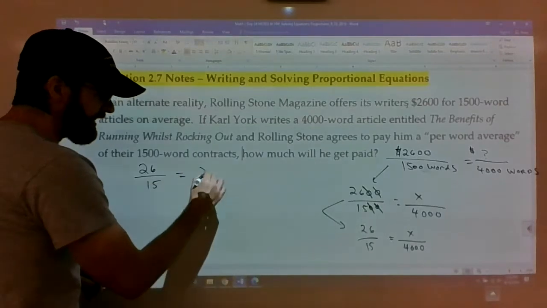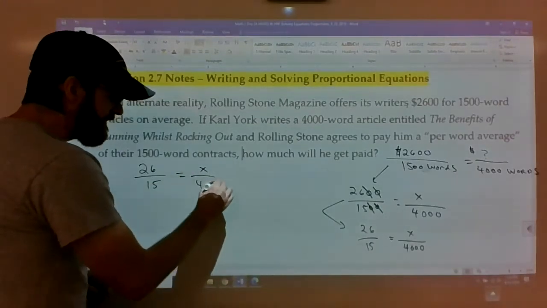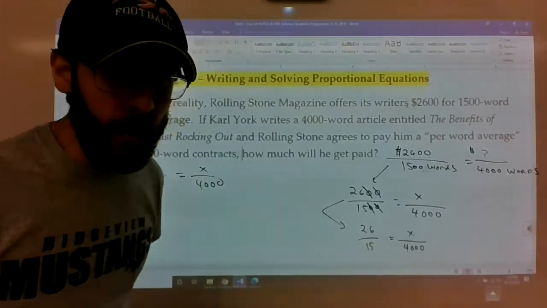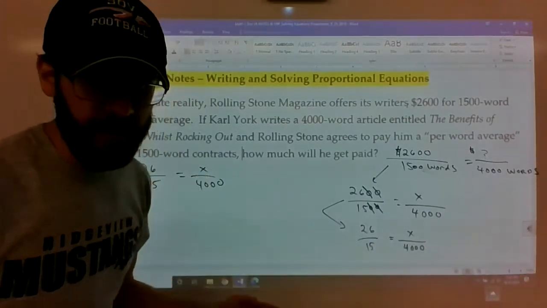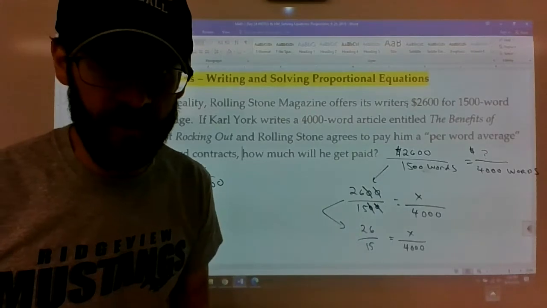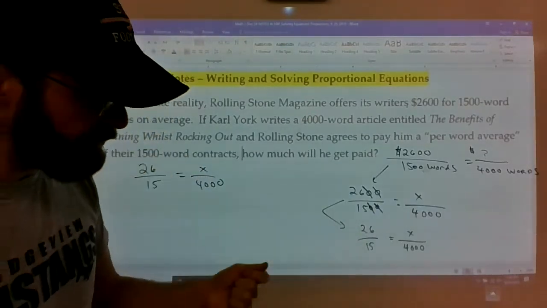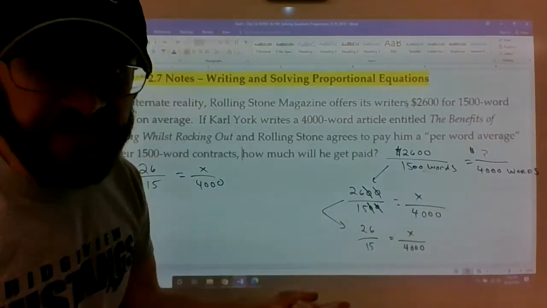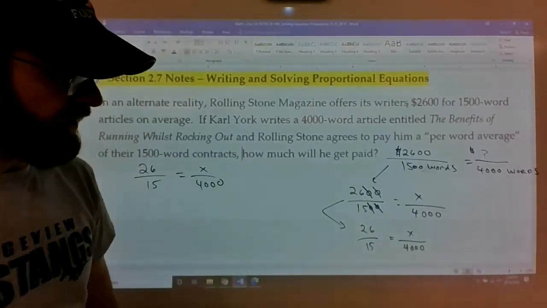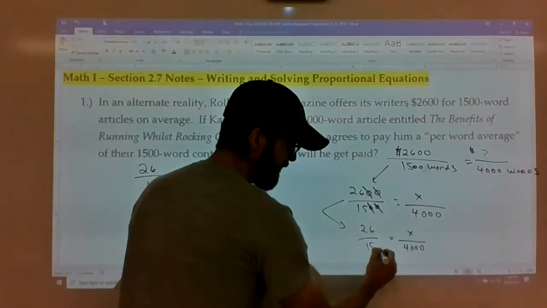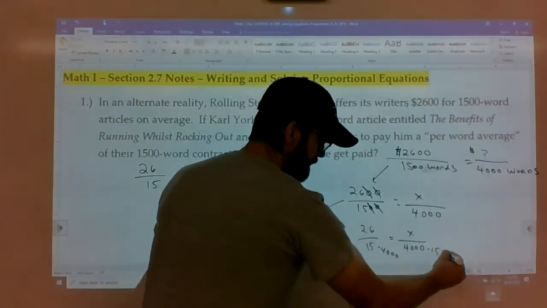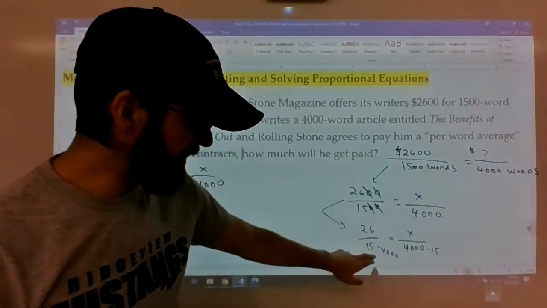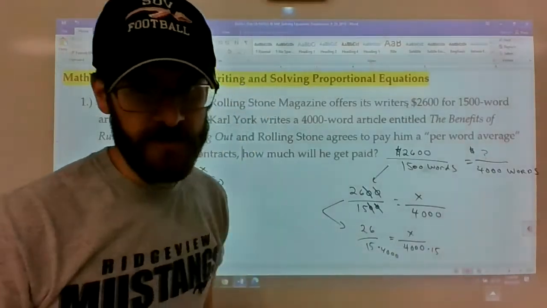If I wanted to find common denominators between 15 and 4,000, I can always just multiply by the other denominator if I don't want to take the time to think it through. Like I could count by multiples of 4,000 and try to divide 15. Or I could just say, what if I multiplied this one times 4,000 and this one times 15? Aren't these the same denominators?